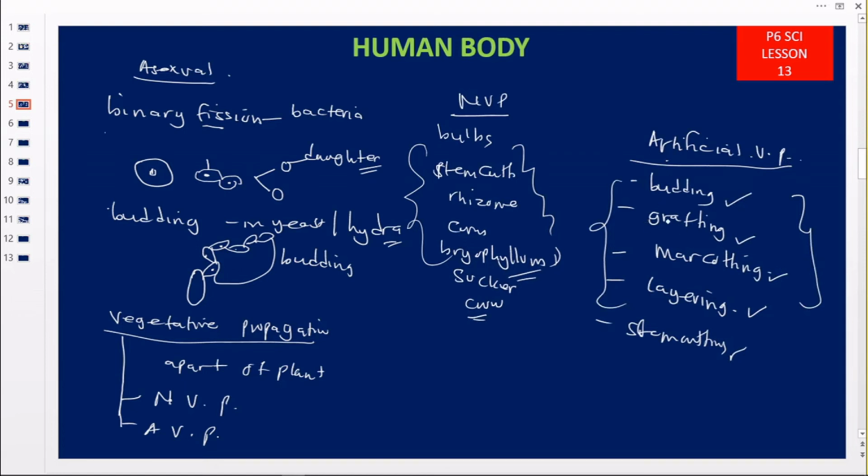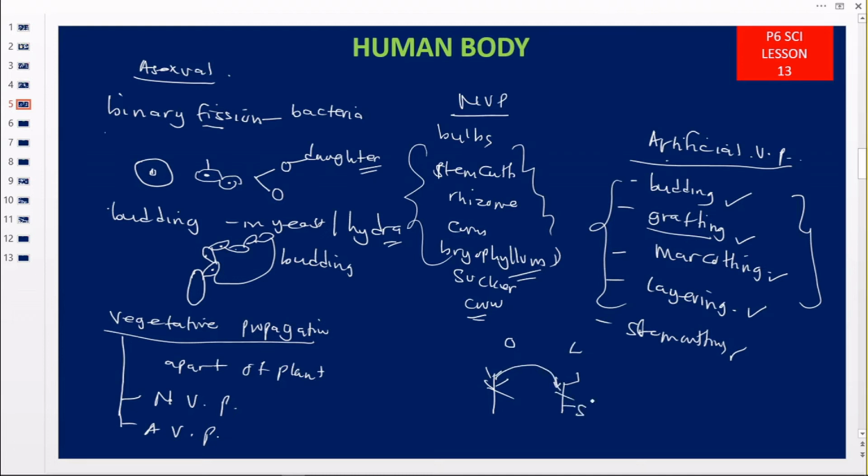So when you go to grafting, this one is normally seen in citrus fruits like orange and lemon. This one can be the lemon plant, then this one can be the orange plant with the leaves. So what we do, we chop off this shoot and we remove also this shoot. So we get this shoot and put it over.